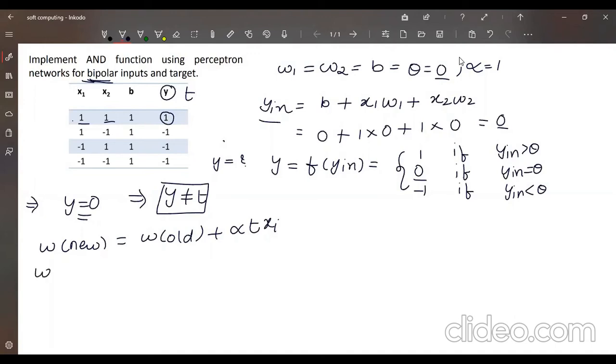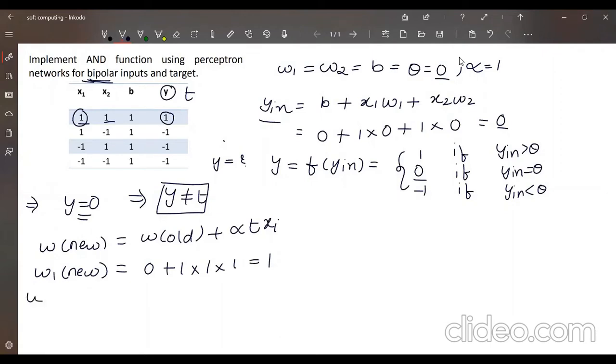W1 new is equal to W1 old, which is 0, plus the learning rate 1, into T, the target value 1, into X1, which is 1. So our new updated W1 is 1.